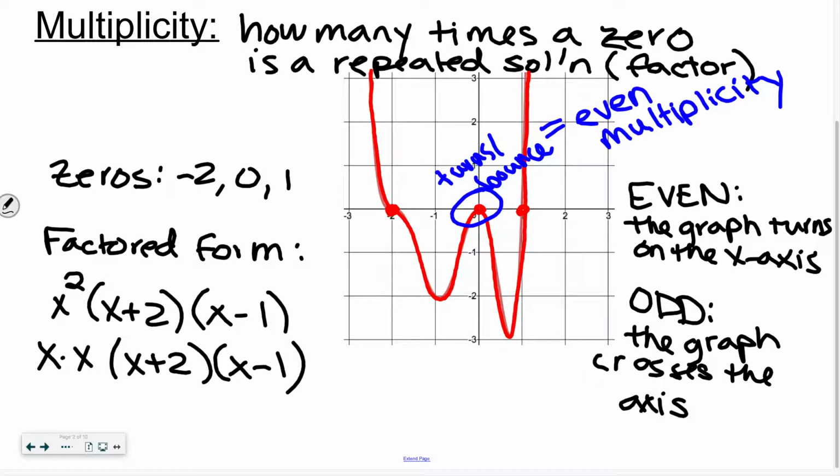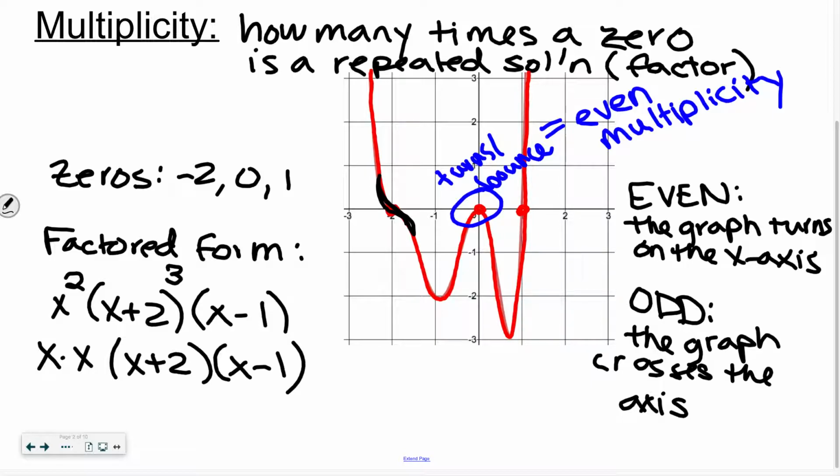Now, for Logan's issue that he saw, this sort of strange curve right there, that could be the result of an imaginary solution. Or it could be an odd multiplicity more than 1. So this is -2, x plus 2, instead of being a degree of 2, which is an even multiplicity, maybe it occurred 3 times.